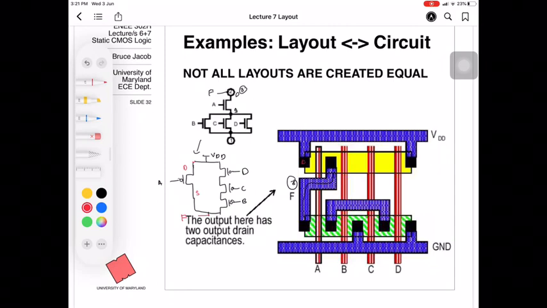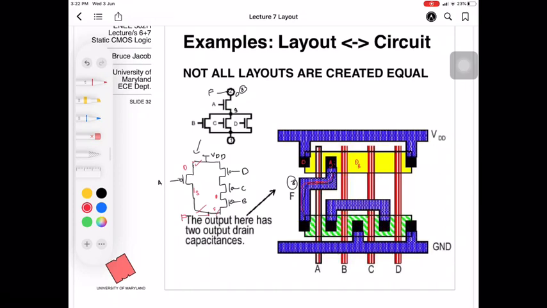This is the drain of A, and the source of A. So we have connected to VDD, and now we connect the source of A to F. So this is the connection, and we have the source of B and the drain of B. The source of B is connected to F. This is the source of B, and this is the drain of B. The source of B is connected to F here.